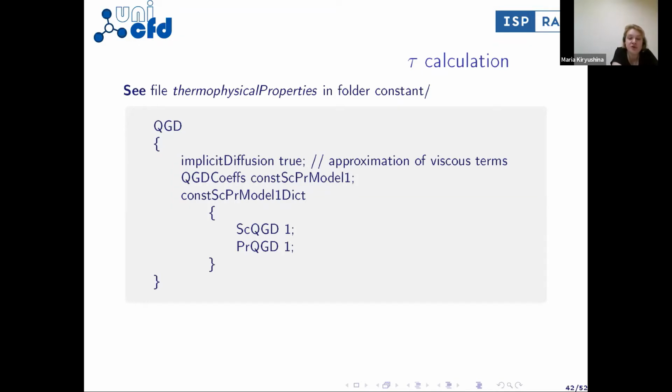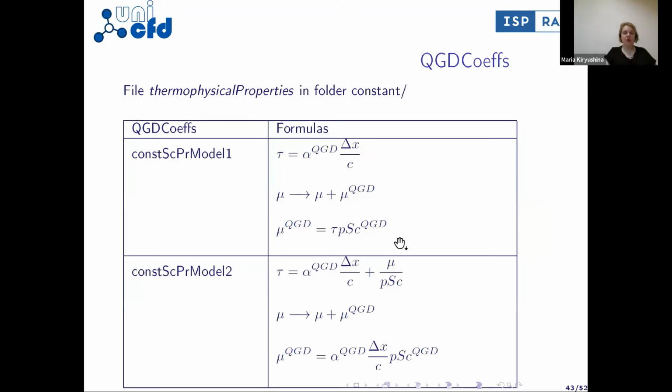We choose the model const Schmidt-Prandtl model 1, which QGD uses by default, and inside model 1 we set both Schmidt number and Prandtl number equal to 1. In model 1, parameter tau is calculated as the coefficient alpha multiplied by the computational grid step divided by the sound speed.